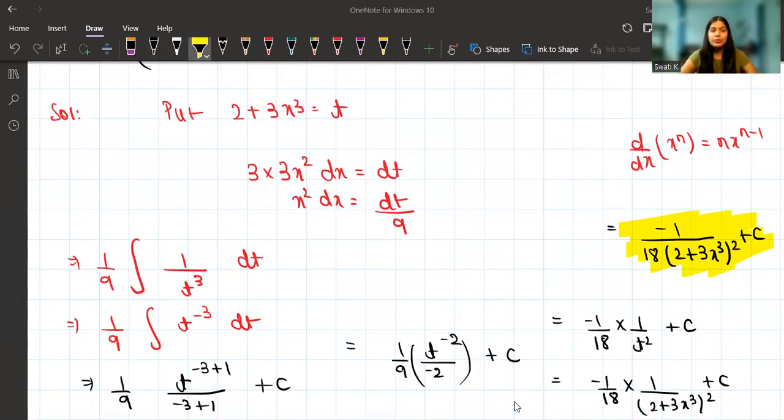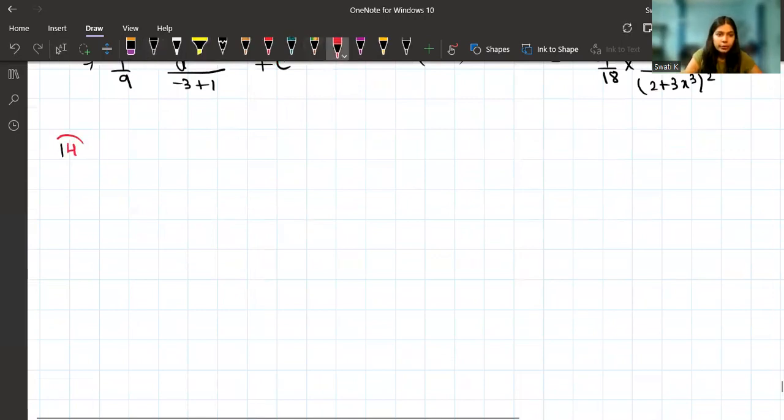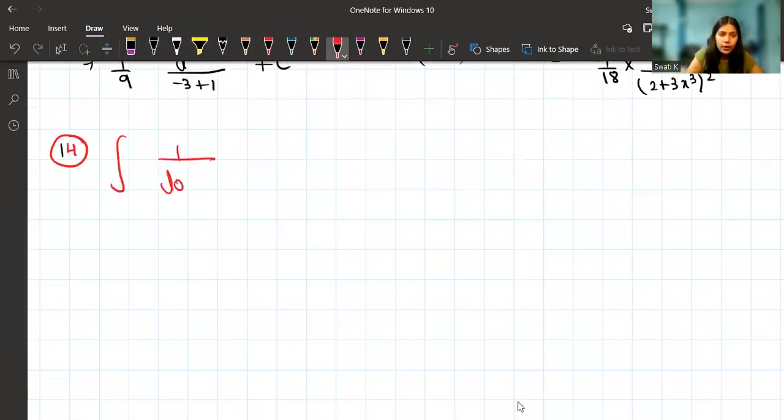And now it's time to move to the next question, that is the 14th question. So let me write down the 14th question for you. In the 14th question, we have to integrate 1 upon x into (log x) raised to m, where x is greater than 0.